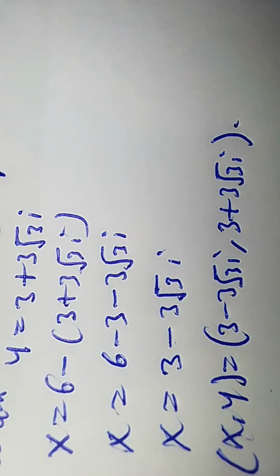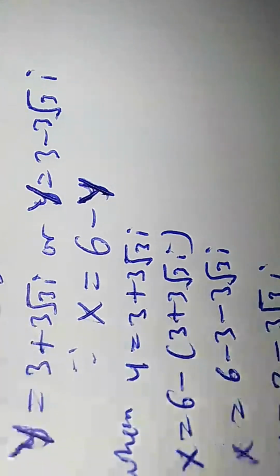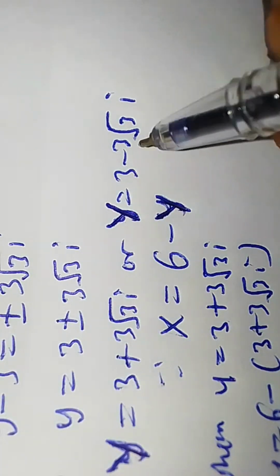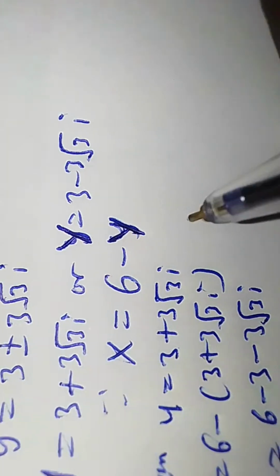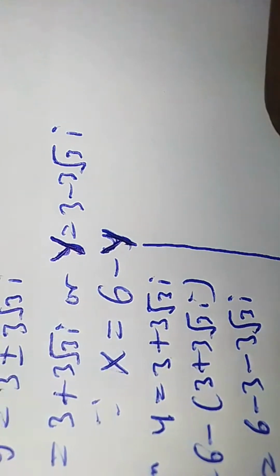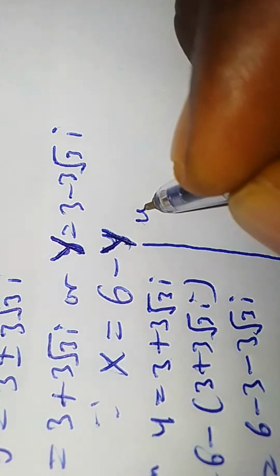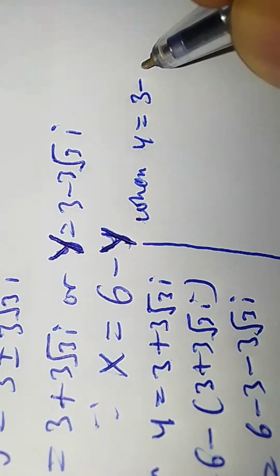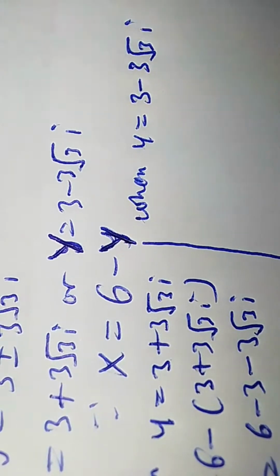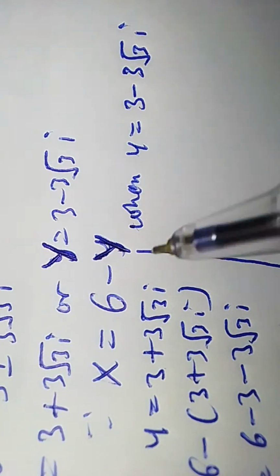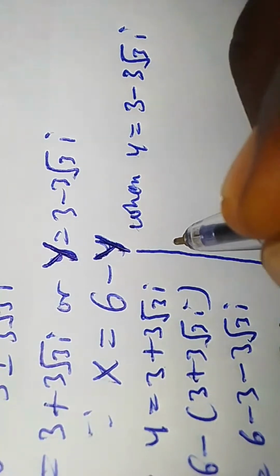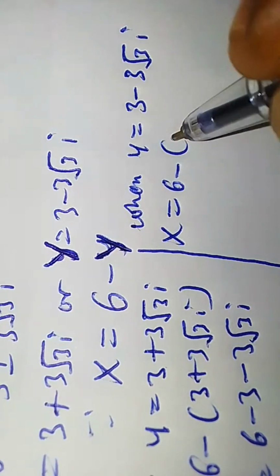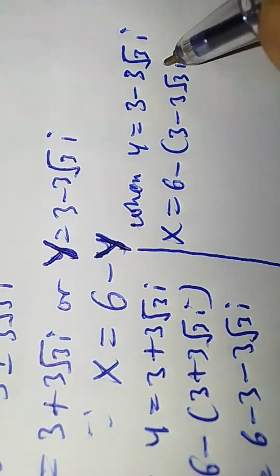The next thing we have to do is to consider the second value of y, which is this guy, 3 minus 3 root 3i. So when Y equal to 3 minus 3 root 3i, plugging this value of Y into this right hand side, we have x equal to 6 minus 3 minus 3 root 3i.